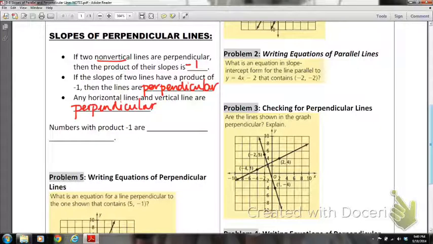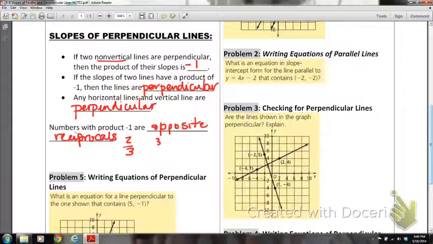Numbers with a product of -1 are called opposite reciprocals. So, for example, if we have the number 2/3, then its opposite reciprocal is going to be... the reciprocal exchanges the numerator and denominator, it just switches them.